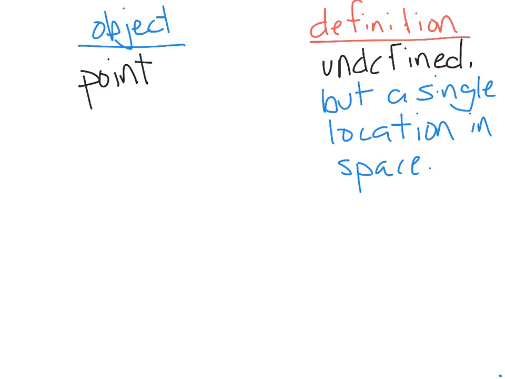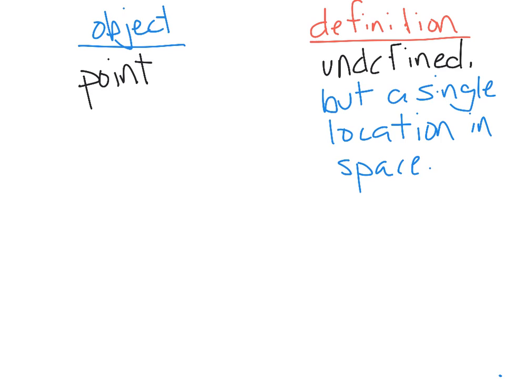I don't want you to get too hung up on what this word undefined means or what we mean by undefined terms, but it could show up on a test or a quiz, and so you do need to know that points are undefined. But throughout this entire class, we're going to think of them as a single location in space, a single pinprick location in space with no dimensions at all. You can't move left, you can't move right, forward, backward, up, down. It's just a single location in space.